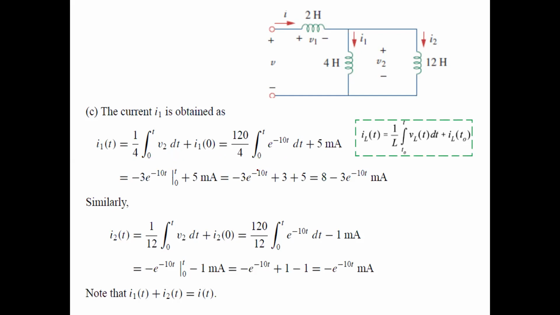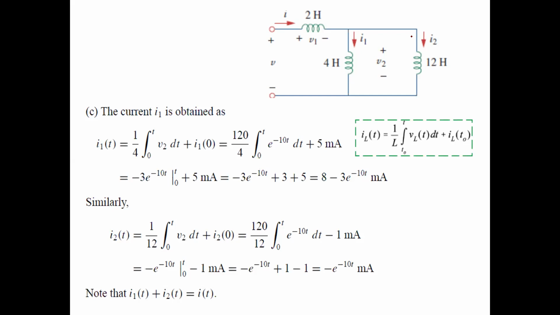V2 we have found already, which was equal to 120 e to the minus 10t. 120 comes out of the integration as a constant, and the initial value of I1 was equal to 5, so we have put 5 here. Then integrating after putting in the values, I1(t) comes out to be 8 e raised to the minus 10t.